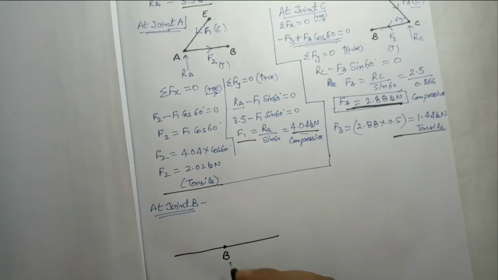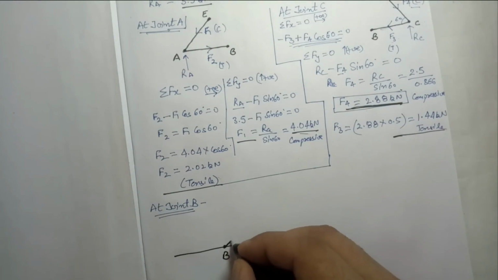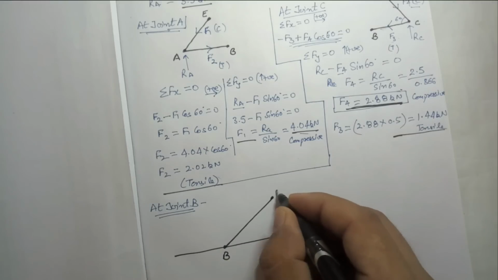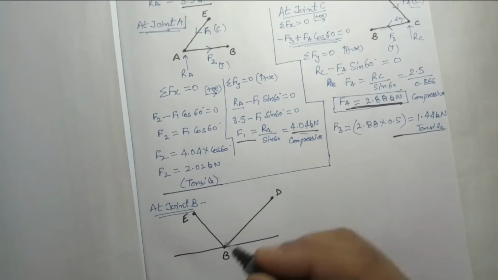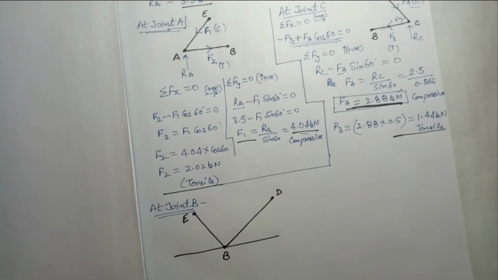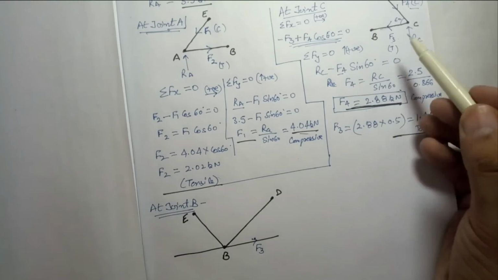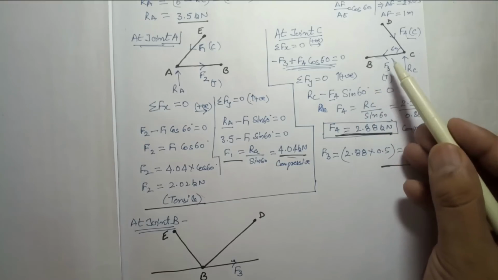So this is the point B and the joint is also B. Now it is having one in this direction D and other in this direction, that is E. Now what are the various forces acting in this? Now this we have calculated, F3. Again, do watch the previous video.